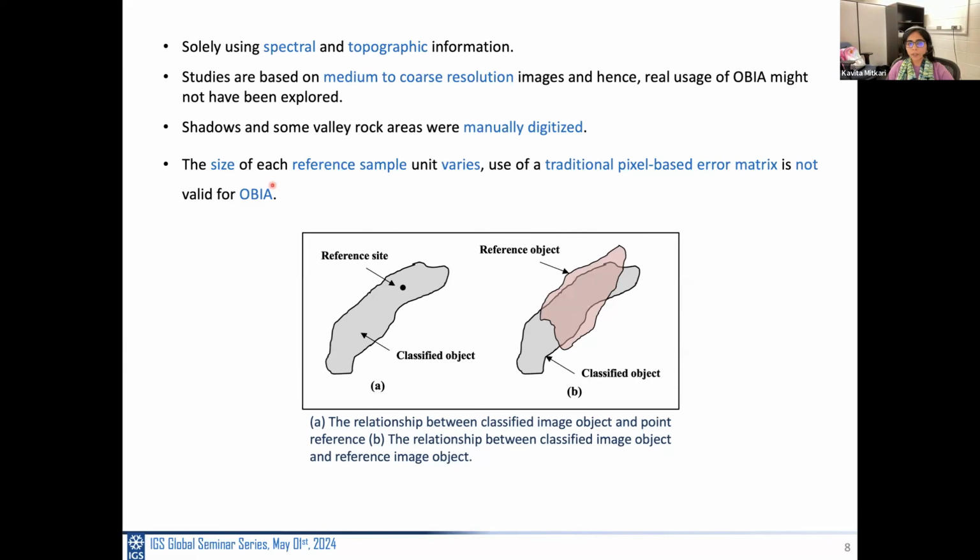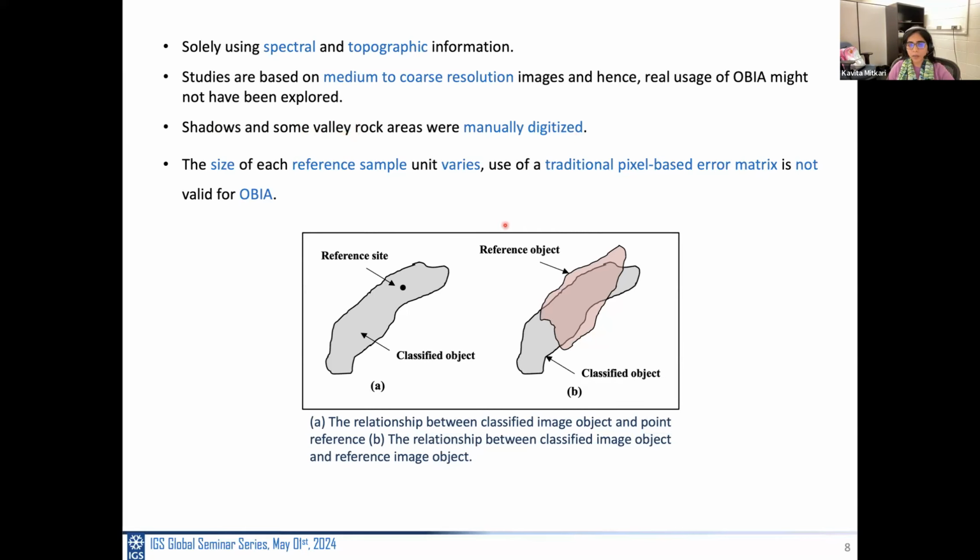Also, a few of the studies have done manual digitization of the shadows and the valley rock because of the very fact that the shadows have a very similar spectral reflectance to the glacial lakes, and therefore manual digitization needs to be performed. So these are the limitations.